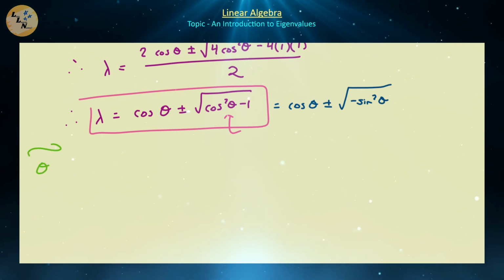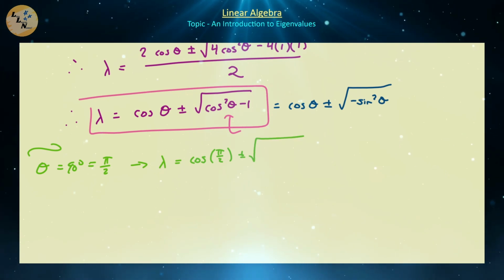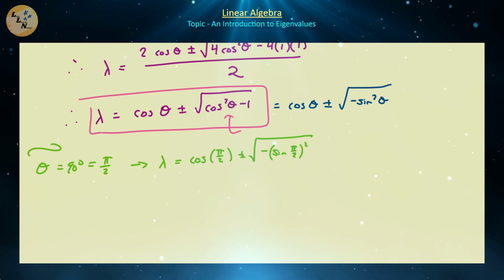So for example, if theta is equal to 90 degrees or pi over 2 radians, then the eigenvalues of this rotation matrix, so a 90-degree rotation counterclockwise, is going to be equal to cosine pi over 2 plus or minus the square root of minus sine pi over 2 the quantity squared.